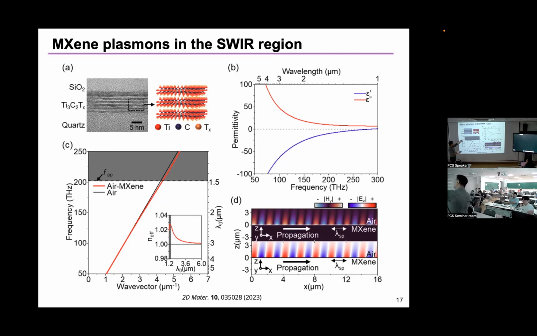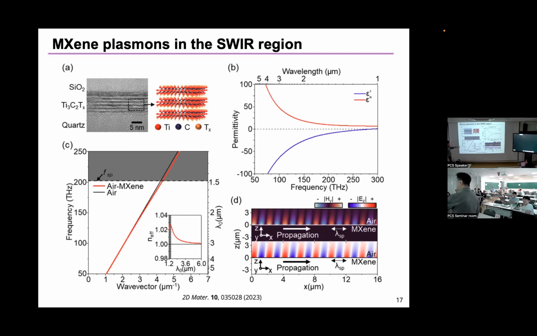But regardless of the layer numbers, we could get very similar permittivity of this Ti3C2Tx MXene structure, and clearly we see that the plasma frequency is located in the IR region, the SWIR region. So it still shows a very large electron density.